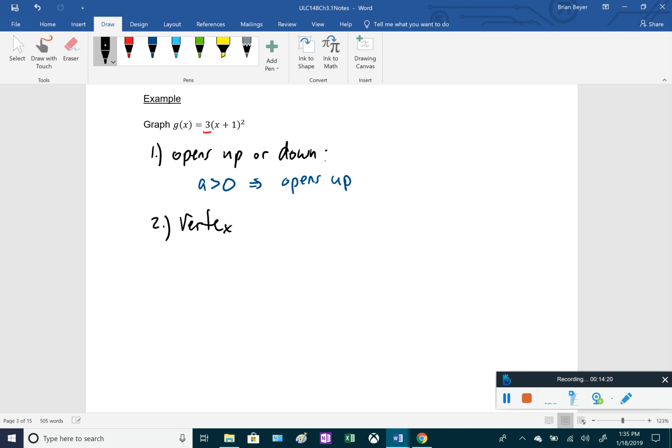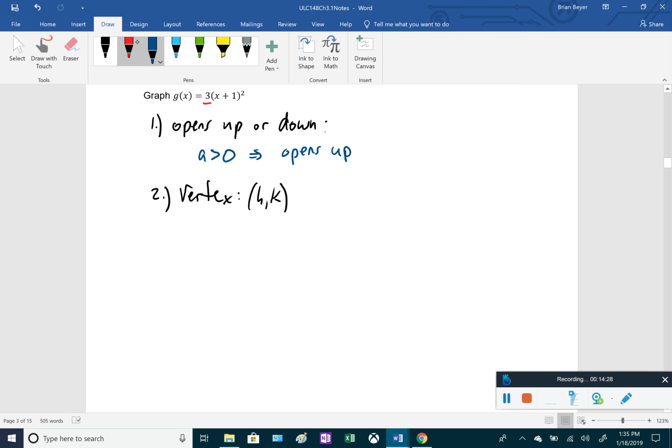Once again, pretty easy for standard form, no real calculation involved. The h here is going to be negative 1, the opposite of what you see in the plus or minus sign. And there is nothing afterwards, so it's just plus 0, meaning the y-coordinate for the vertex is just 0.